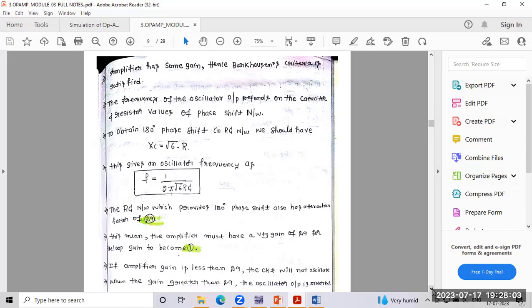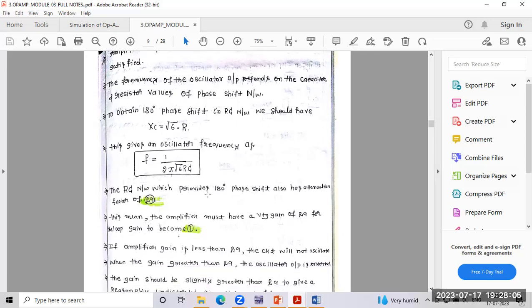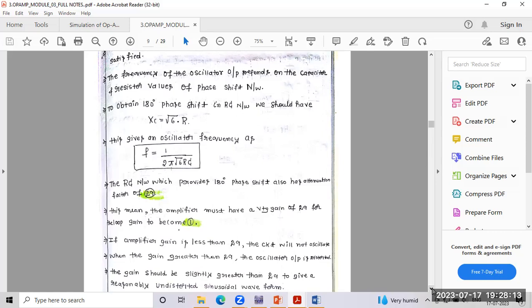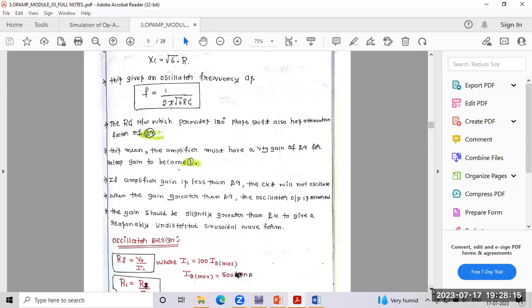Okay, now the RC network which produces 180 degree phase shift also has an attenuation factor of 29. This means the amplifier must have a voltage gain of 29 for the loop gain to become 1. Okay, it means the feedback network will generate 1 by 29.